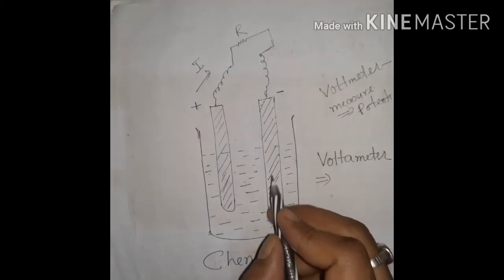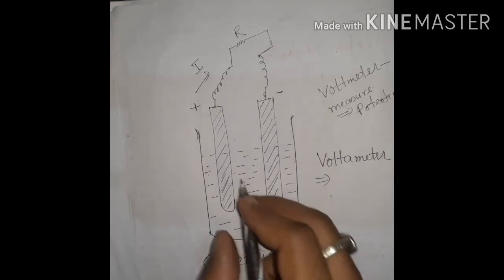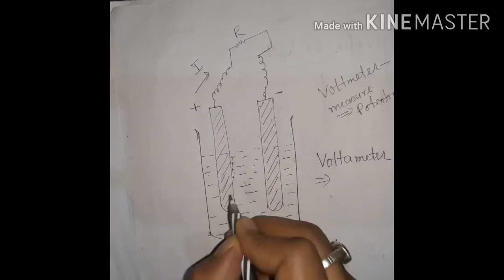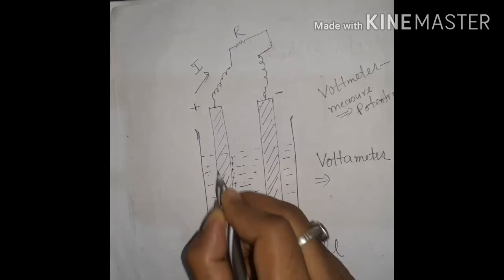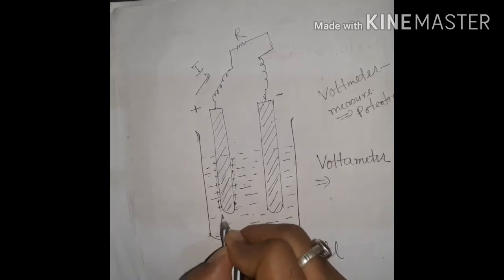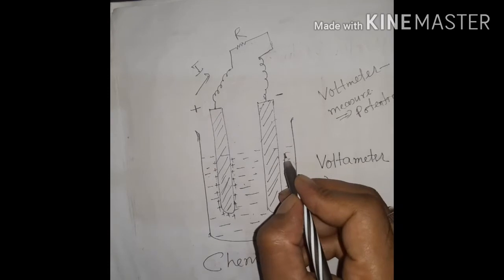But what happens inside? The positive ions start gathering, or accumulate, just close to this terminal, making its potential more and more positive with respect to the solution.